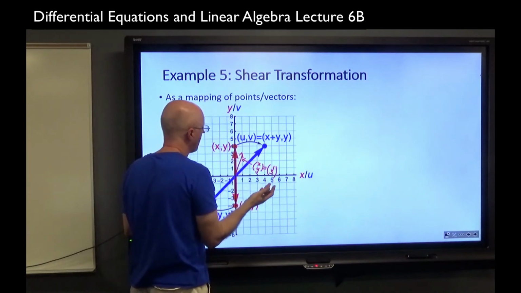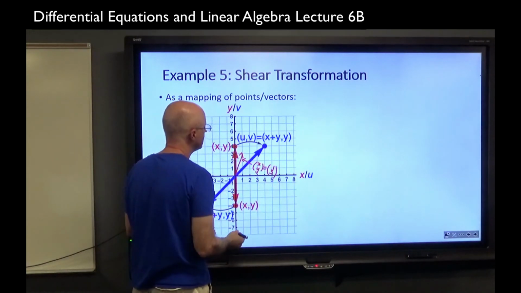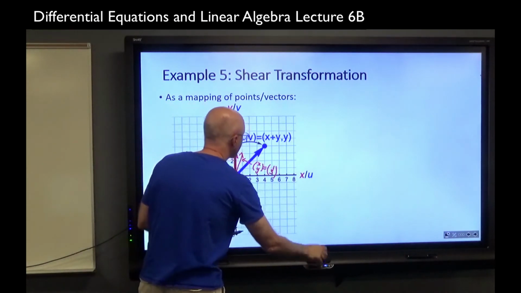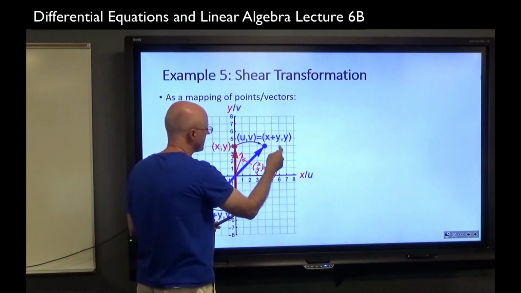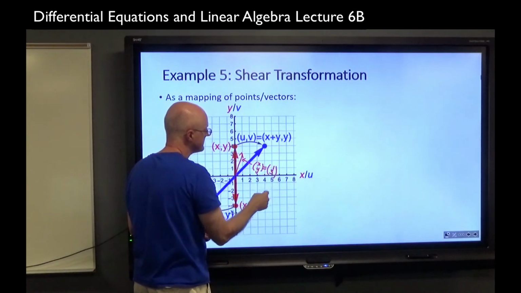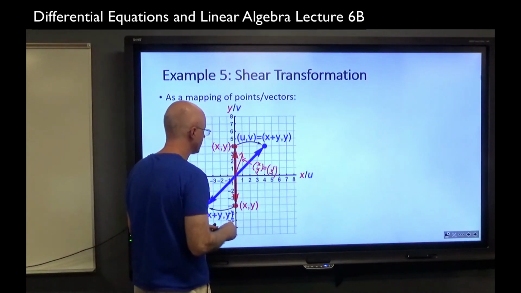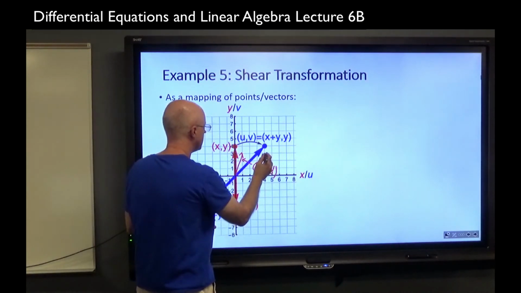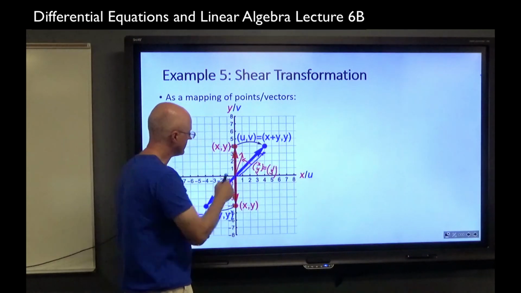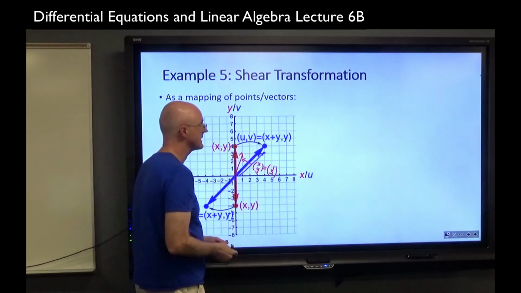As far as figuring out where it goes to, just use the formula. So the image point for the first coordinate or component, you need to add these, so 1 plus 3 is 4. And the second one stays the same. (4, 3) is what it needs to get mapped to. That right there is what this red arrow gets mapped to under this shear transformation.